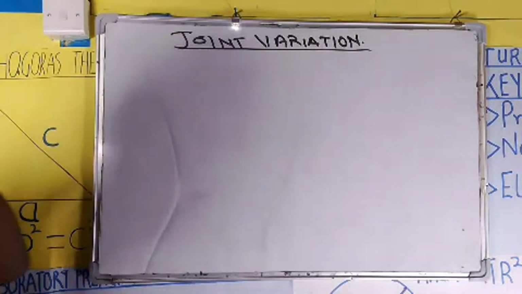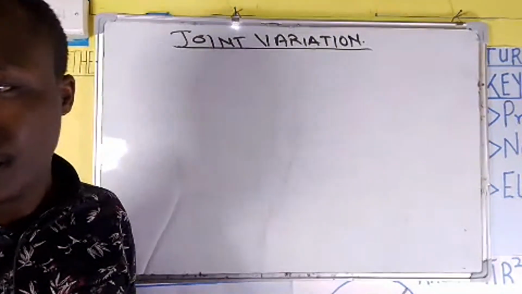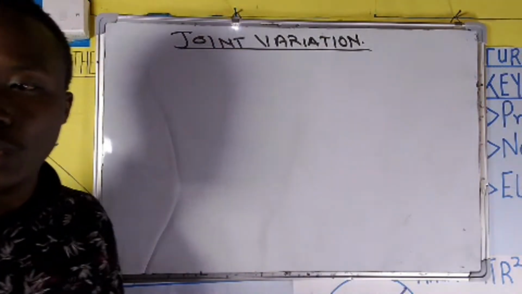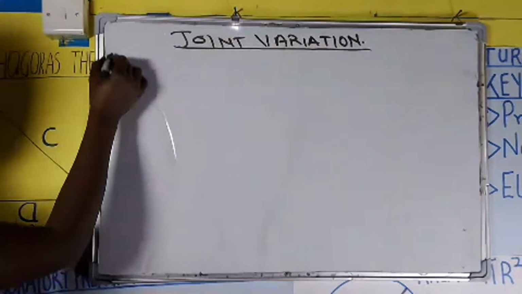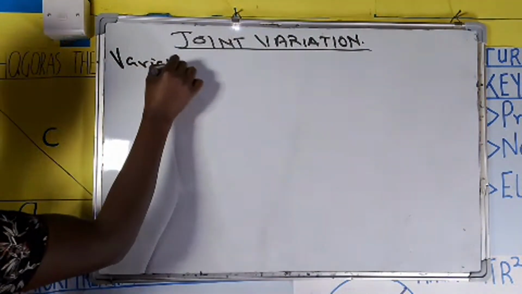So, when we are talking of joint variation, you can be told of something like this.